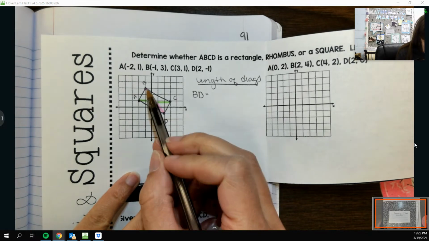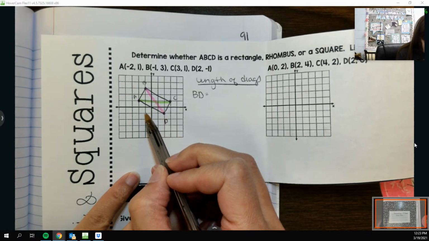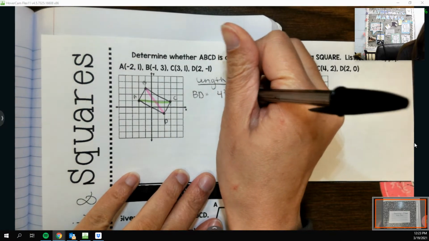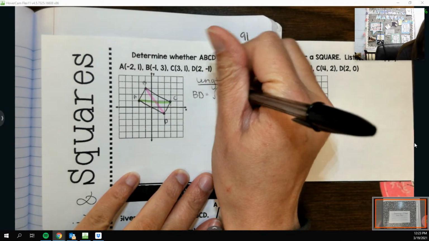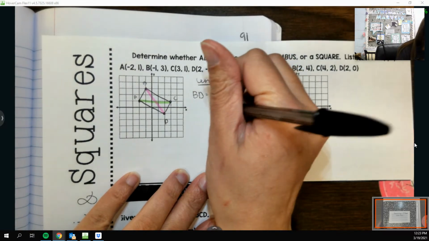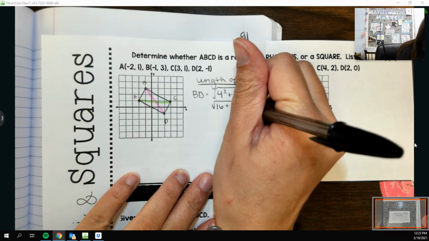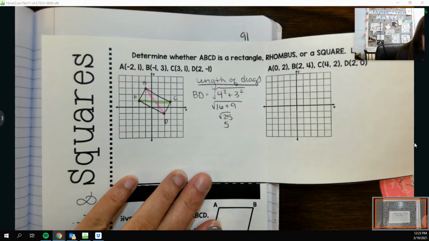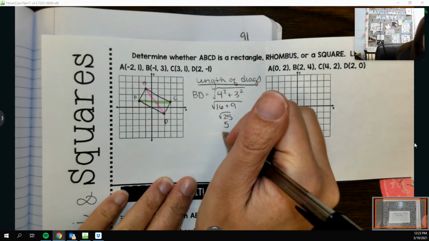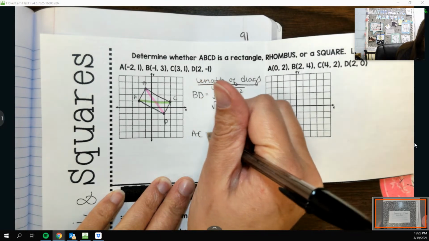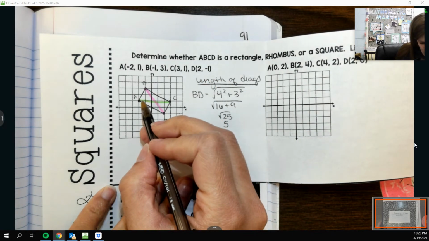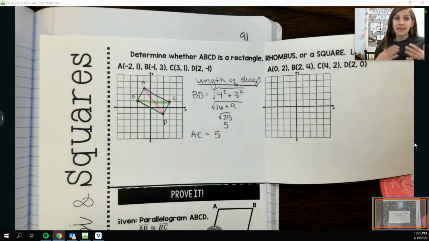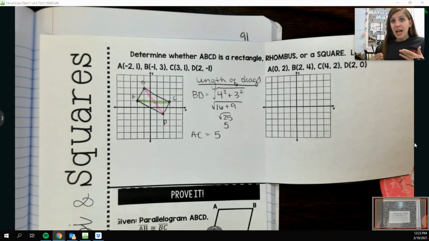From B to D, I'm going to go down 1, 2, 3, 4, and then over 1, 2, 3. So 4 squared plus 3 squared, and then square root it, which is 16 plus 9, which is 25. So the length of BD is 5. Then the length of AC is just a straight flat line, so I can count it: 1, 2, 3, 4, 5. So the lengths of the diagonals are the same.